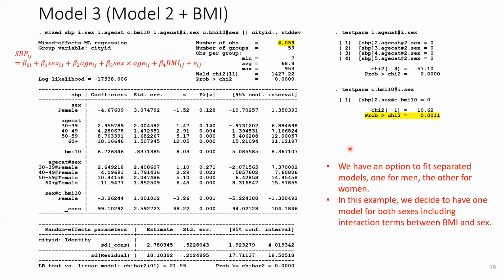Or we can do in this way. And there are pros and cons. But for this example, we assume that we decided to use only one model, which includes interaction between age and sex and BMI and sex.